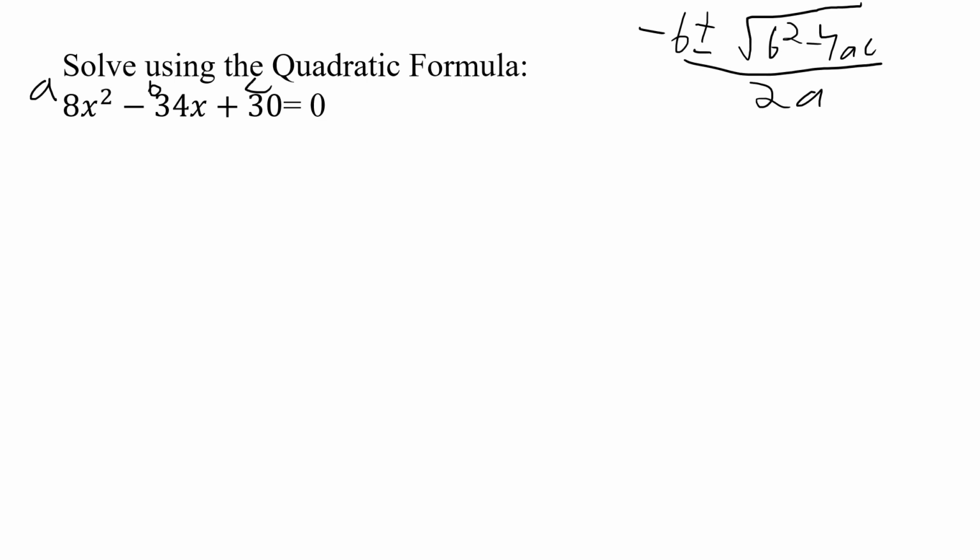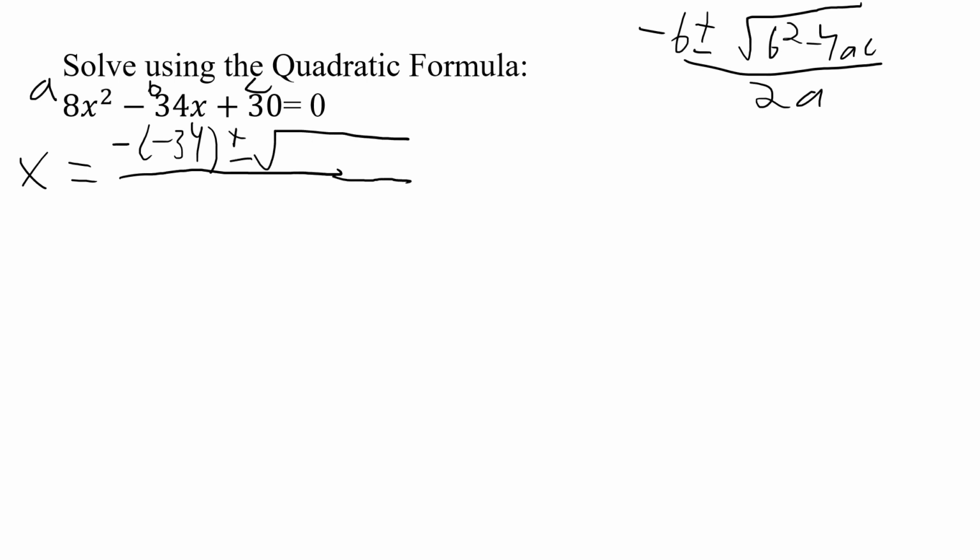So let's go ahead and put it into the formula. So we have x equals negative b. Well, b is already negative, so it's going to be a negative 34. Plus or minus the square root. By the way, just in case you're wondering, one of those negatives is coming from the formula, and the other negative is coming from the fact that the 34 is negative in our equation.